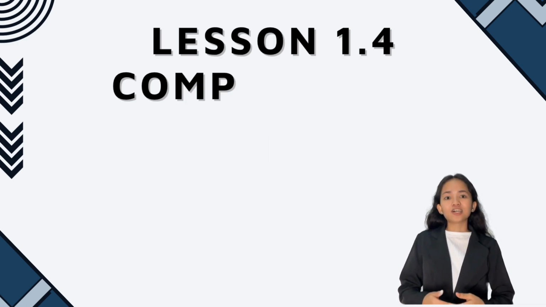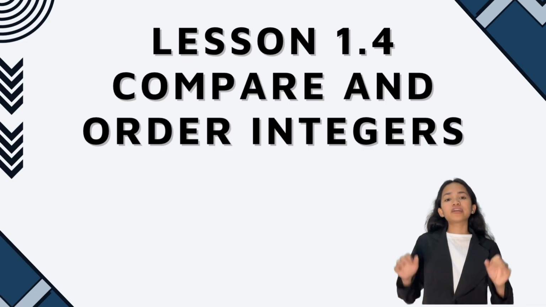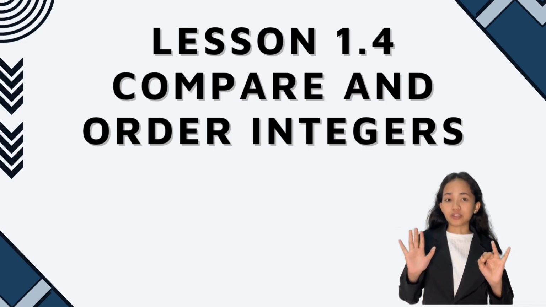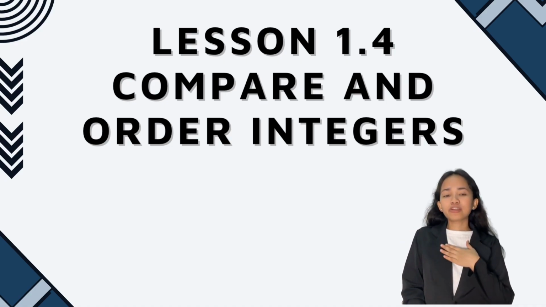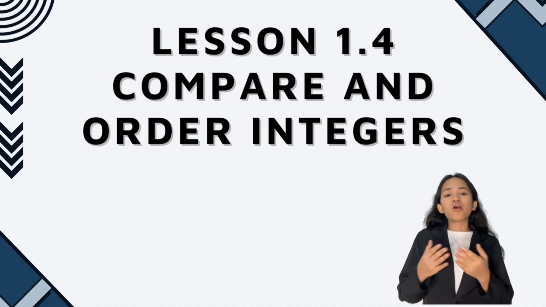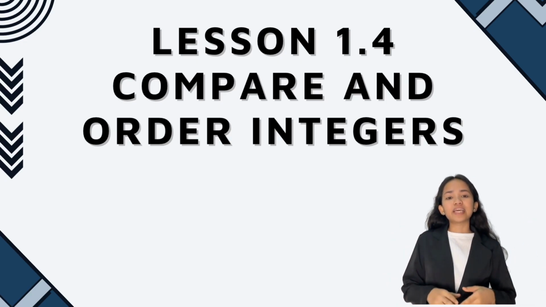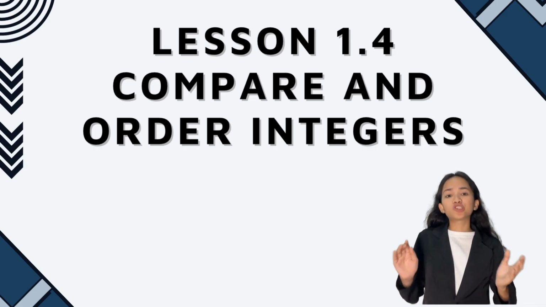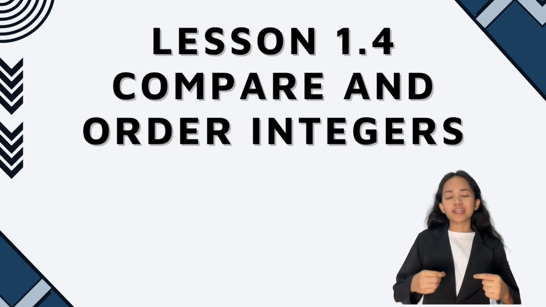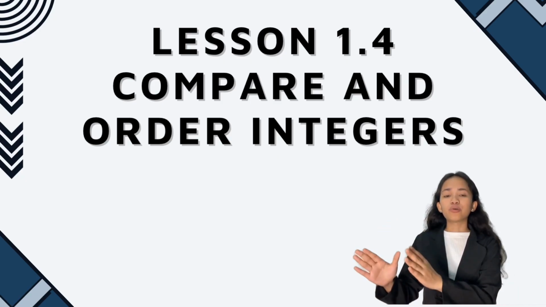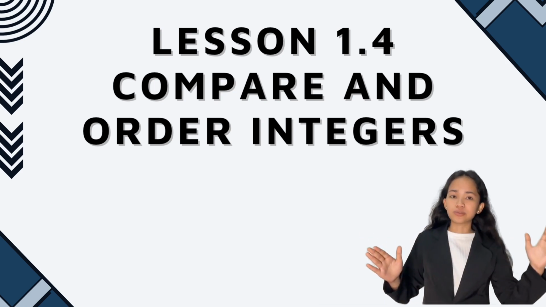Okay class, during the recent Dinagyang Festival, there are 7 competing groups, right? Yes. If I were the tribe manager of the Dinagyang Festival, and I decide to draw lots to know which tribe is going to come first until the last.